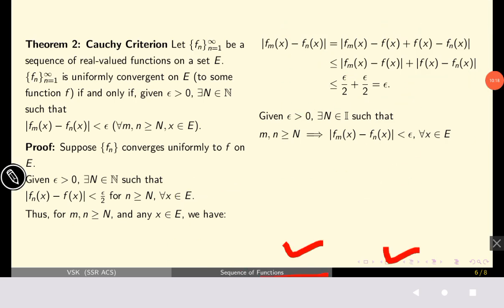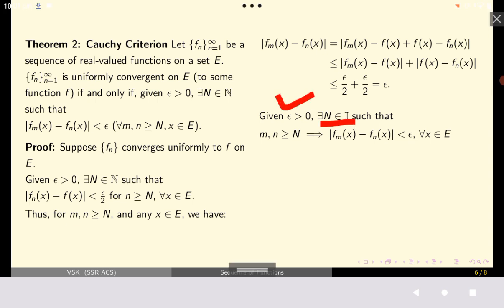So we have proved that given epsilon greater than 0 there exists N such that if m and n are greater than or equal to N, then |f_m(x) - f_n(x)| is less than epsilon. In this way one part is proved.